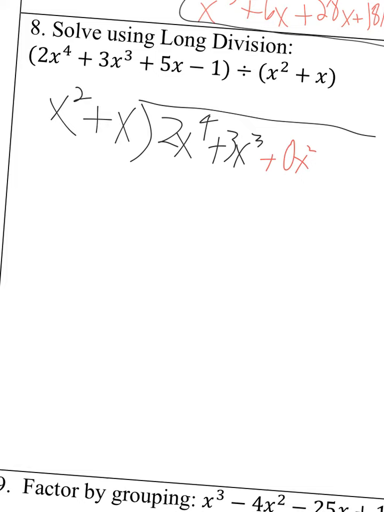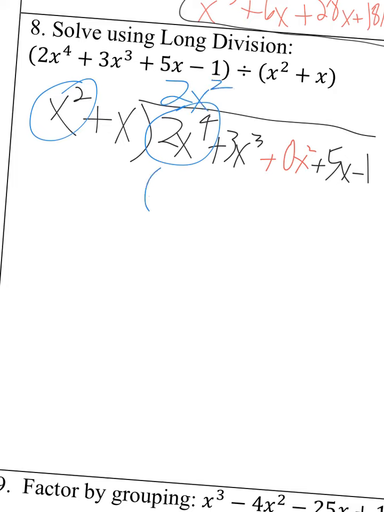So plus 0x plus 5x minus 1. The key is to focus on the outside terms. What's 2x to the fourth divided by x squared? That's 2x squared. So I'm going to do 2x squared times x squared to get me 2x to the fourth, and then 2x squared times x, and that's going to give me 2x to the third.